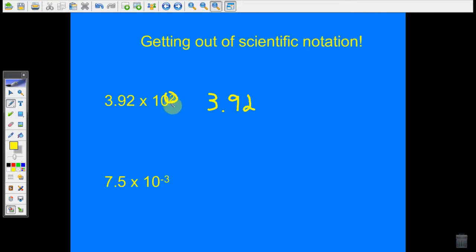But in this case, it's a positive 2, so we're going to move the decimal 2 places to the right, 1, 2. So this will be the new location for the decimal to write the number in standard form, so our number is 392. So we took this number, 3.92 times 10 to the second, and converted it into standard form.